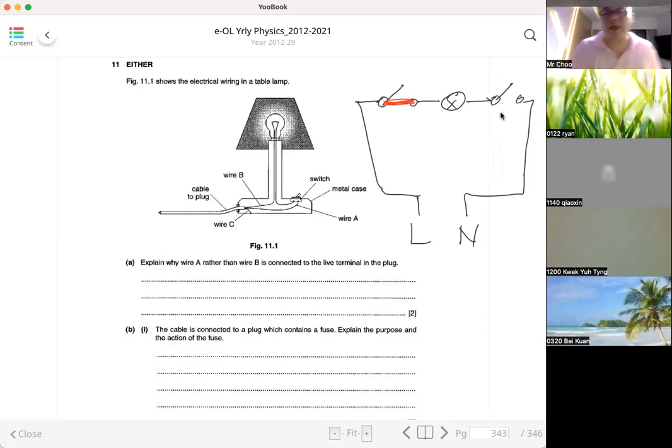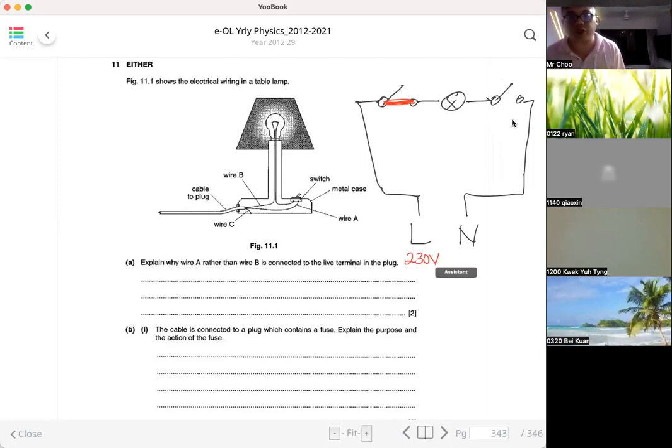So what happens if I put the switch at the neutral? The live wire may have a potential of 230 volt, even if there is no current flowing through it. If there's no current flowing, let me use green color.